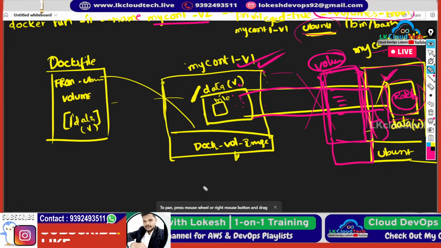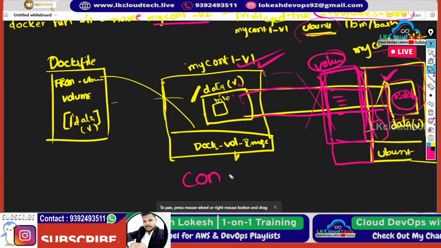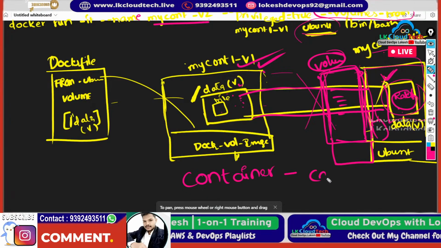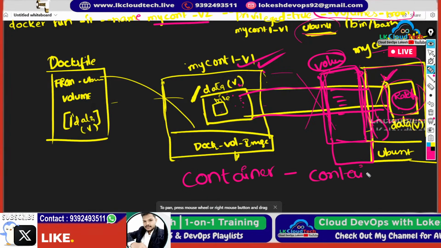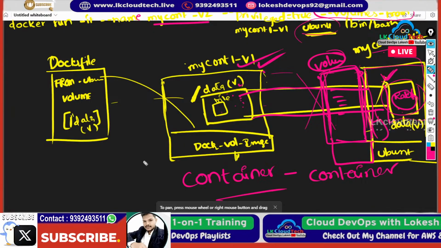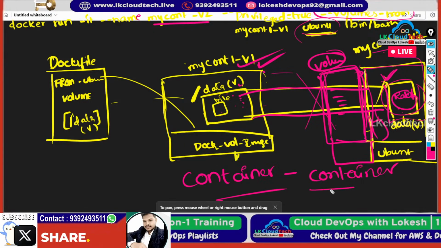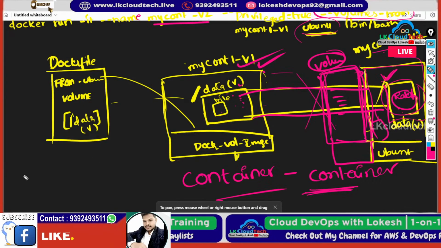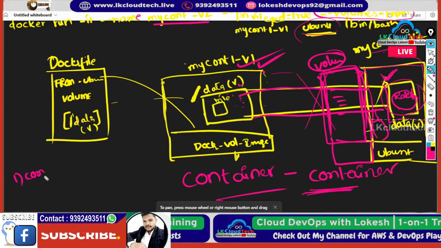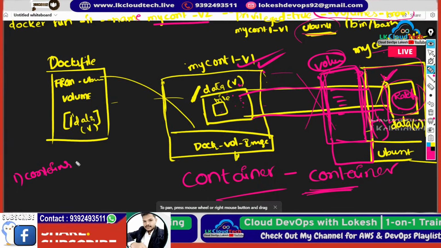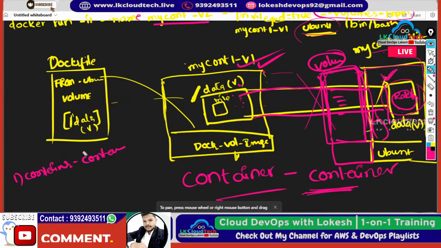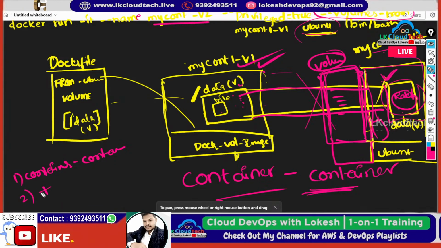What we have done is called container to container volume sharing. So we have a concept like container to container. This we have already done. Next is host to container.